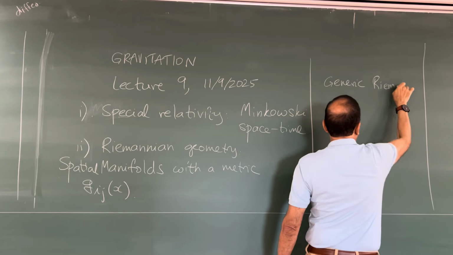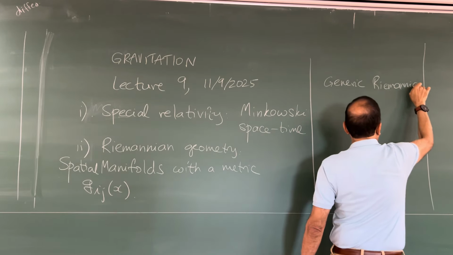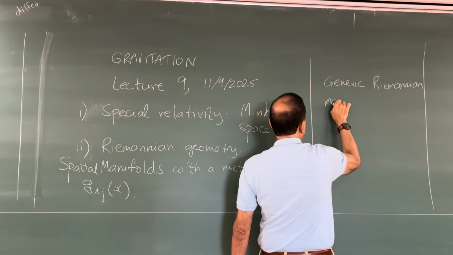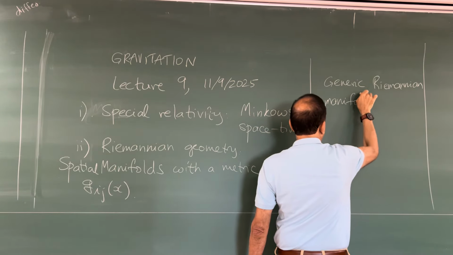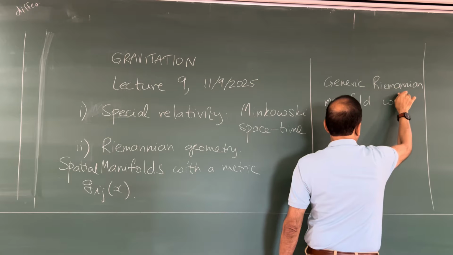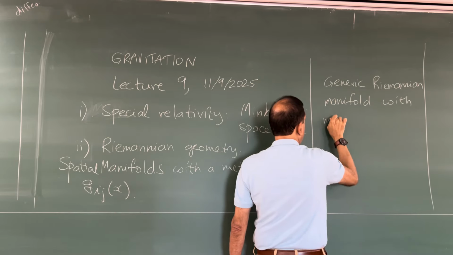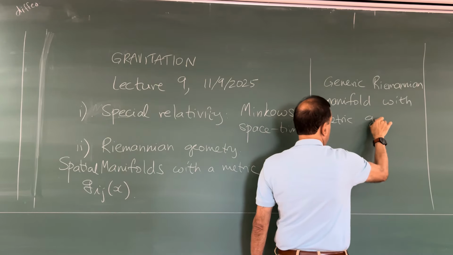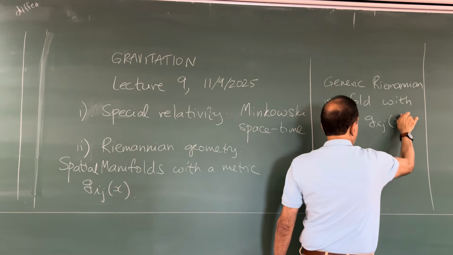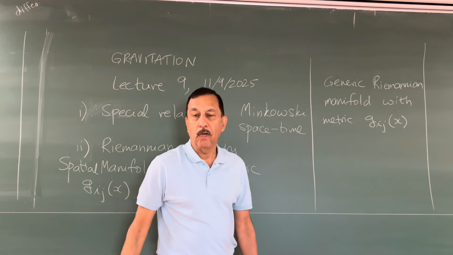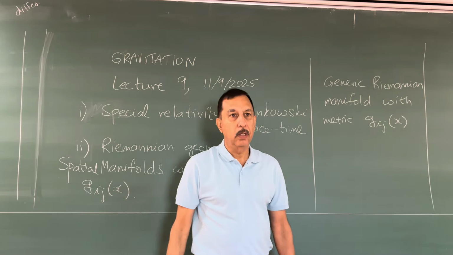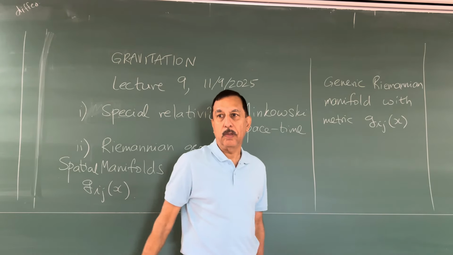Riemannian manifold with a metric that we don't know. It could be anything subject to the requirement of being smooth and positive. In Riemannian manifolds, the metric has to be positive.